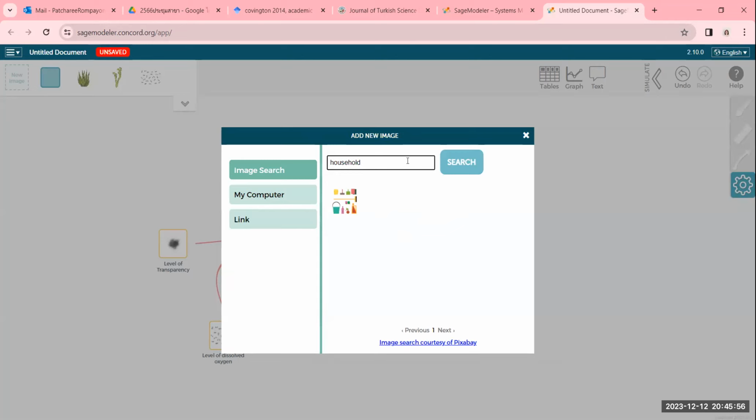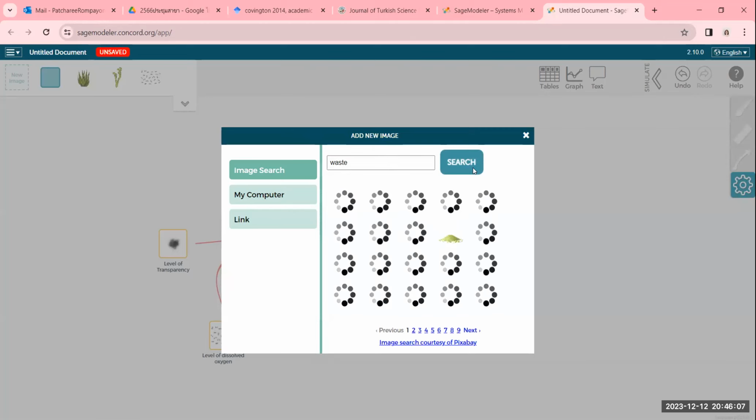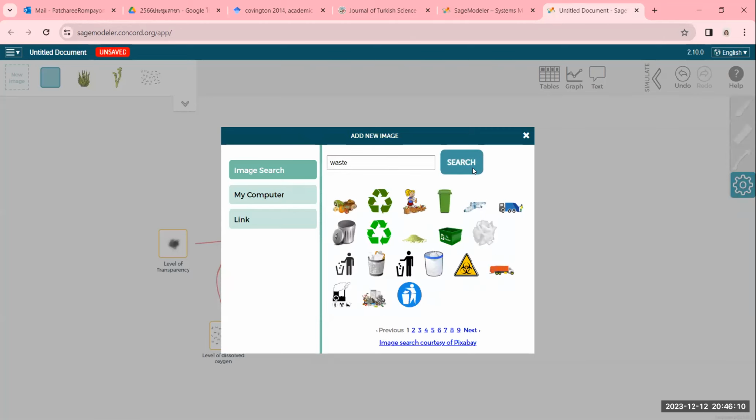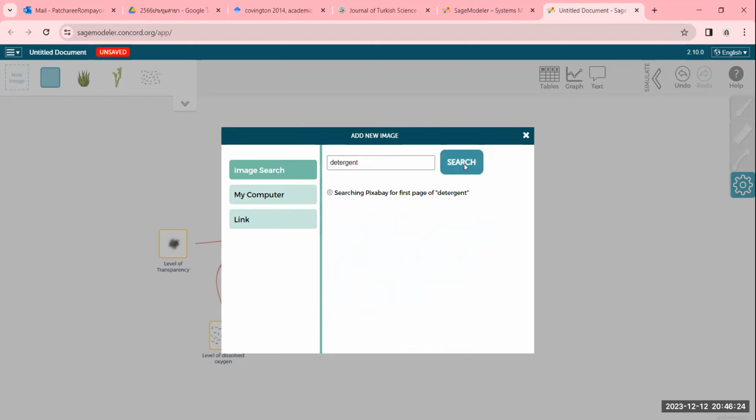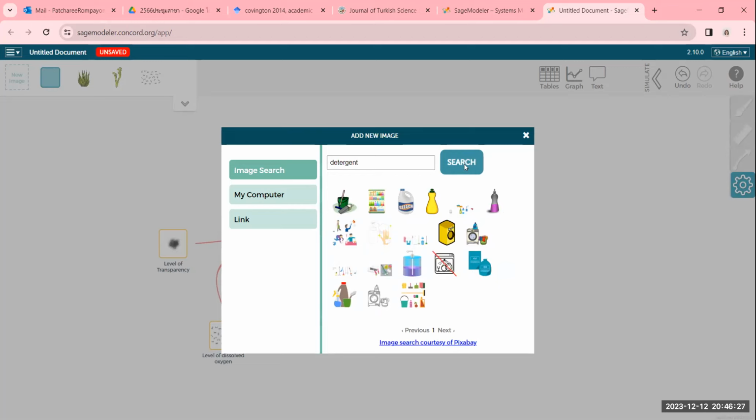Do you mean that household waste changes the pH? Household waste? Yeah, just take a number. You mean like the detergent, right? Yeah, it will make a lot of water waste. Detergent. Yeah. How about this one? Yeah, it's okay.